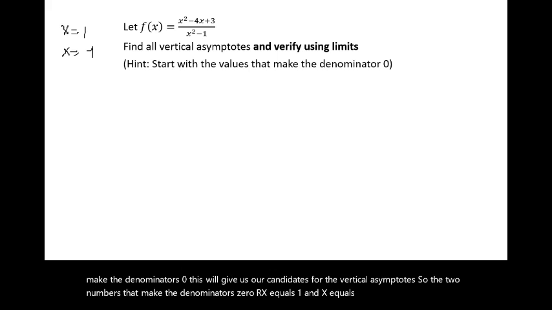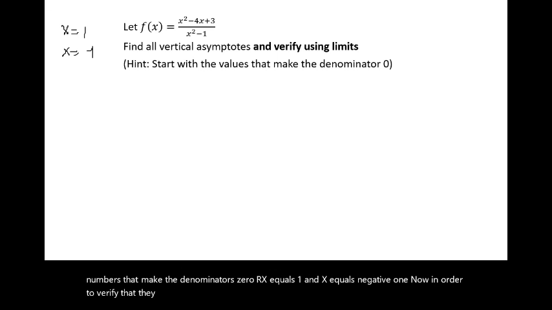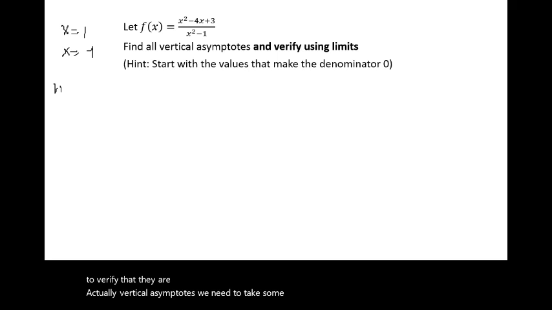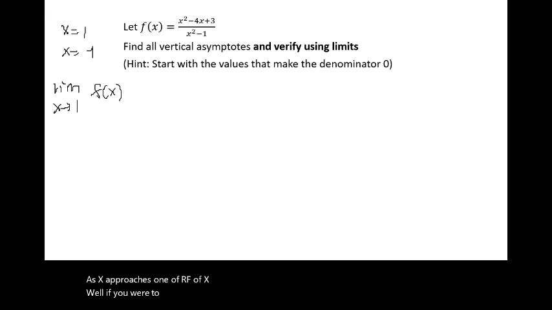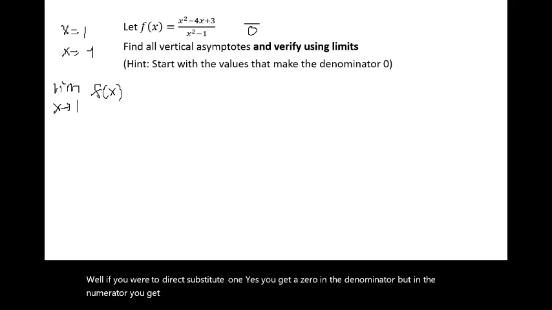Now, in order to verify that they are actually vertical asymptotes, we need to take some limits. So let's start with the limit as x approaches 1 of our f of x. Well, if you were to direct substitute 1, yes, you get a 0 in the denominator, but in the numerator, you get 1 minus 4 plus 3, which is also 0.